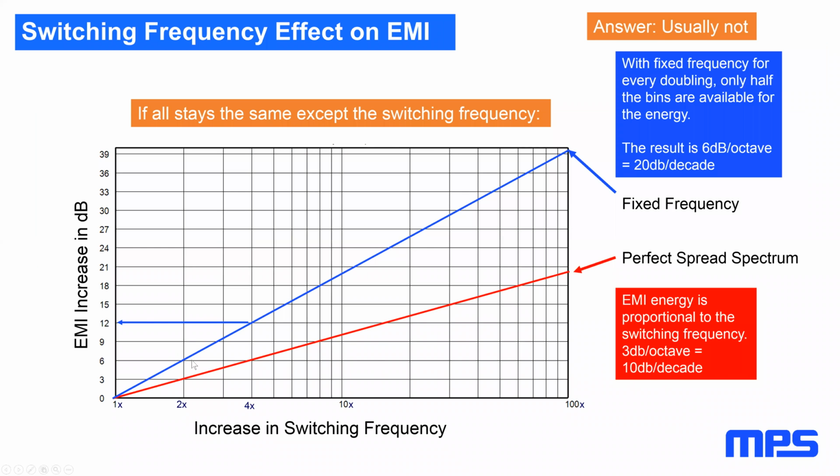If you go from 500 kilohertz to 2 megahertz, a 4 times increase, you get 12 dB worse EMI. And even with a perfect white noise spread spectrum switcher, you would still get 3 dB more energy per doubling. So that's a problem you will get just by increasing the switching frequency.